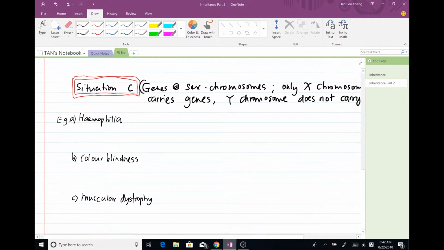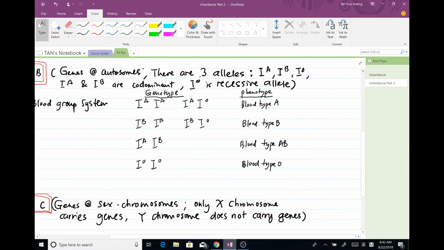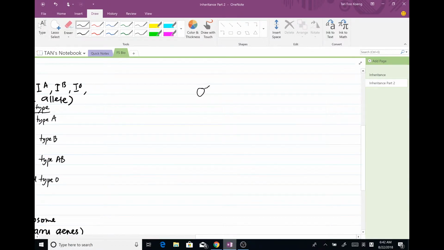Now I'm going to start with situation B first. Okay, so what if the father is A. Let's say it's A. This is the parent generation, and the phenotype here is A, and he is married to a girl with, let's say, blood type B. And what is the genotype of the father?